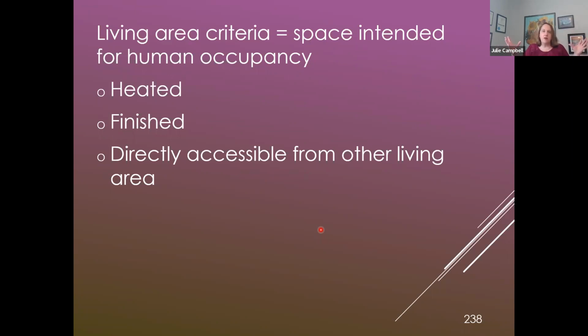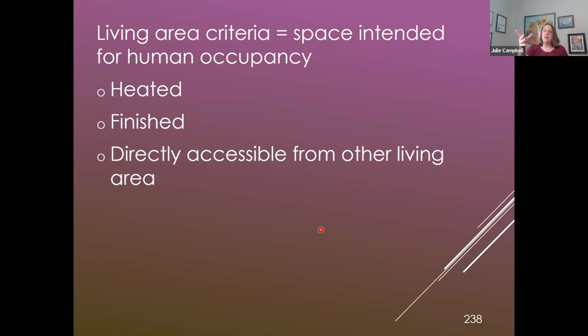It's like a little studio with a bathroom and a little kitchenette, and they let the in-laws or the kid or whatever live there. If you have to go through the garage to get to the stairs, you can't count it in the heated living criteria because you had to walk through the unfinished and unheated garage.